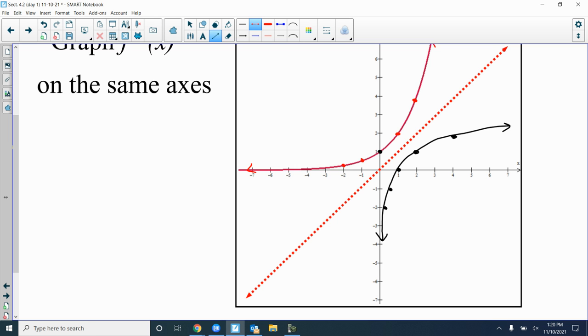All right, second thing I'm going to ask you to do, what is the equation of the inverse? Okay, come up with its equation. All right, take a second and think about that.